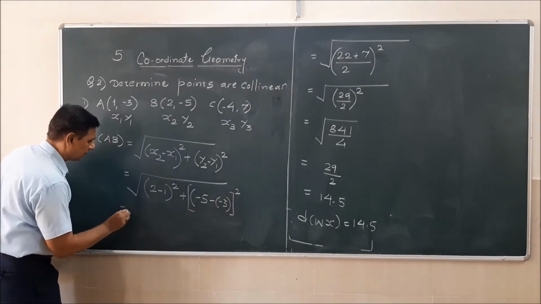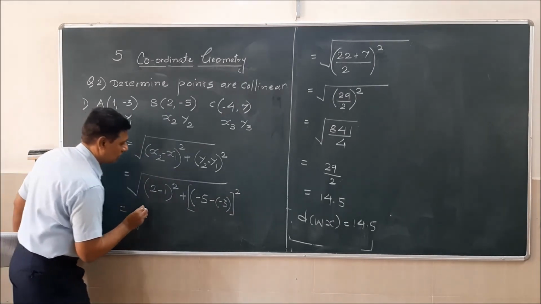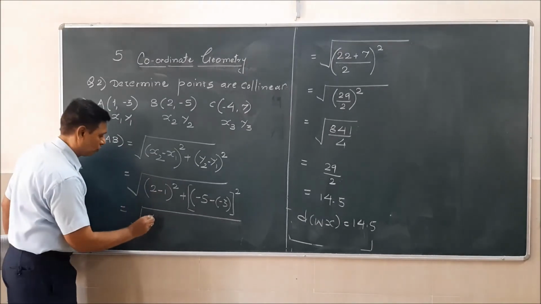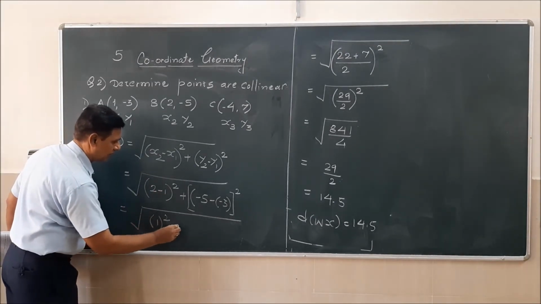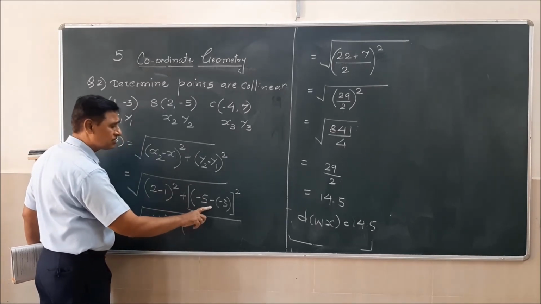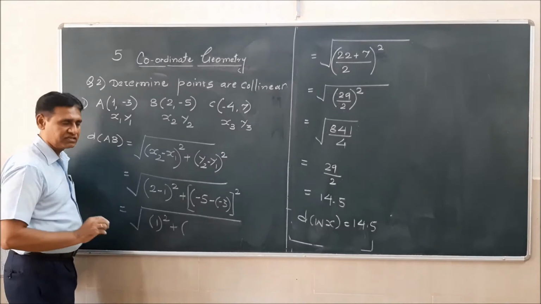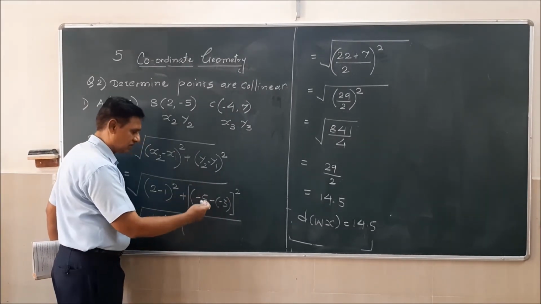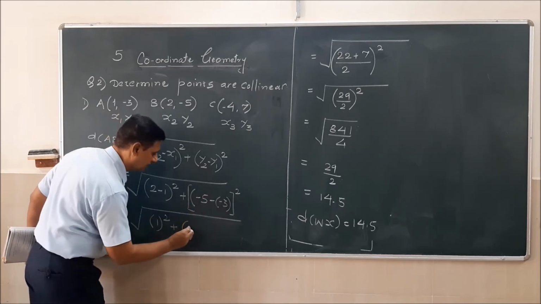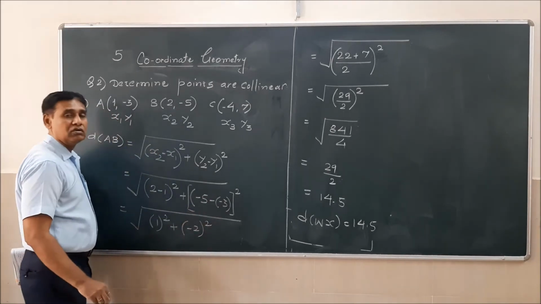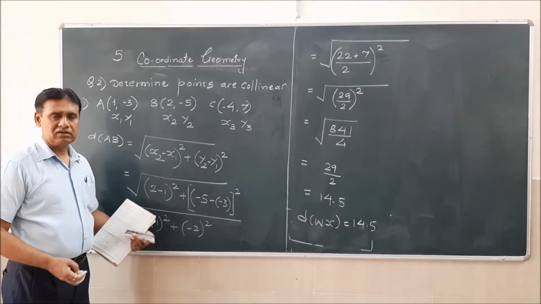That will give me 2 minus 1 is 1, so 1 square, plus minus 5, minus into minus is plus, so minus 5 plus 3. Try to understand. Minus 5 plus 3 will give you minus 2, the whole square.